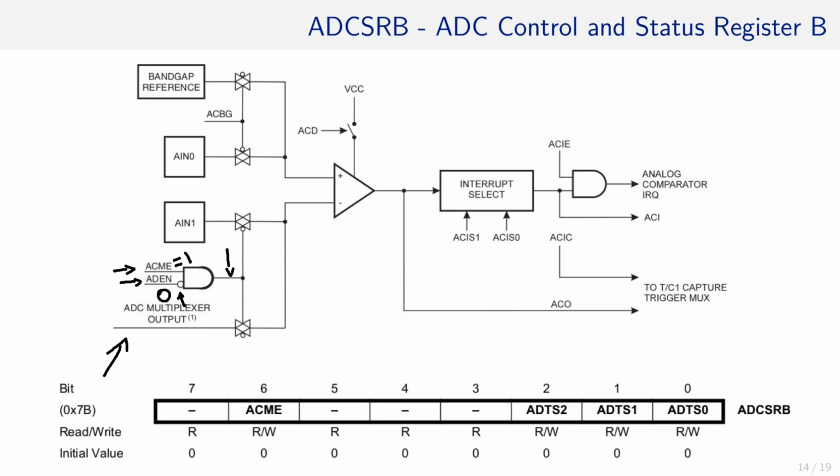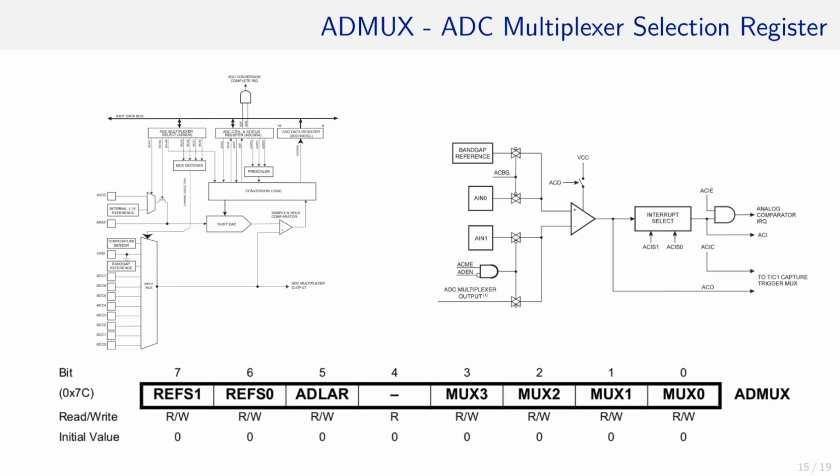This causes this switch to connect the negative input of the comparator to the ADC multiplexer output, while at the same time it disconnects AIN1. That means that all the input channels of the ADC, that is ADC0 to ADC7, the band gap reference, ground, and the output of the temperature sensor, are forwarded to the comparator instead.